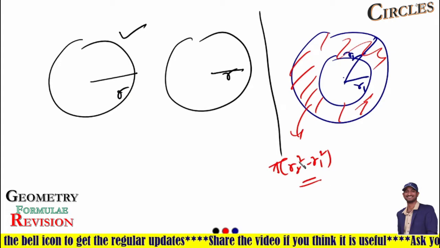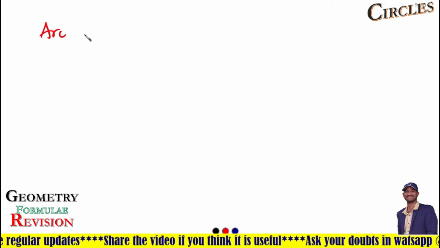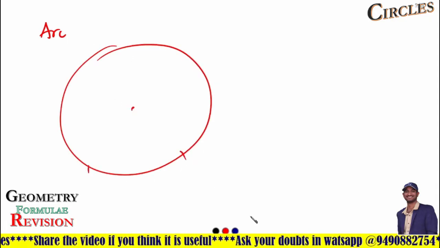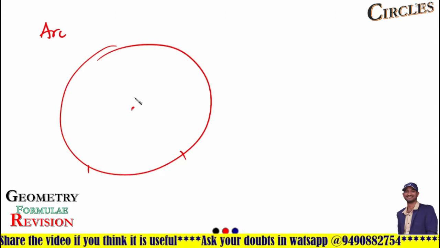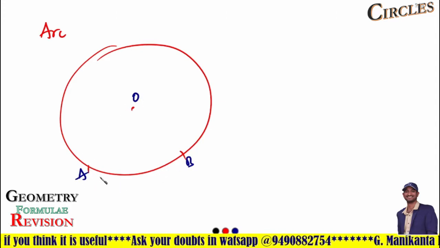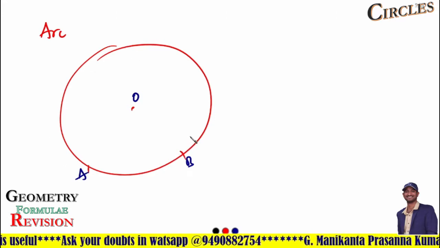Next we have some basic things in circles, that is arc, sector and segment. Suppose it is a circle, the portion of this circle is called an arc. Suppose it is a circle with center O and A, B are 2 points, then the length of the smaller portion is called the minor arc, and this is the major arc.